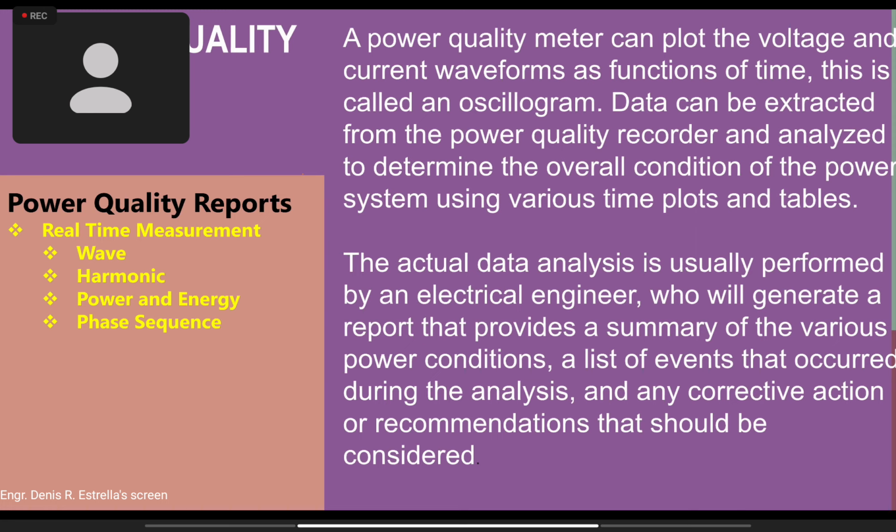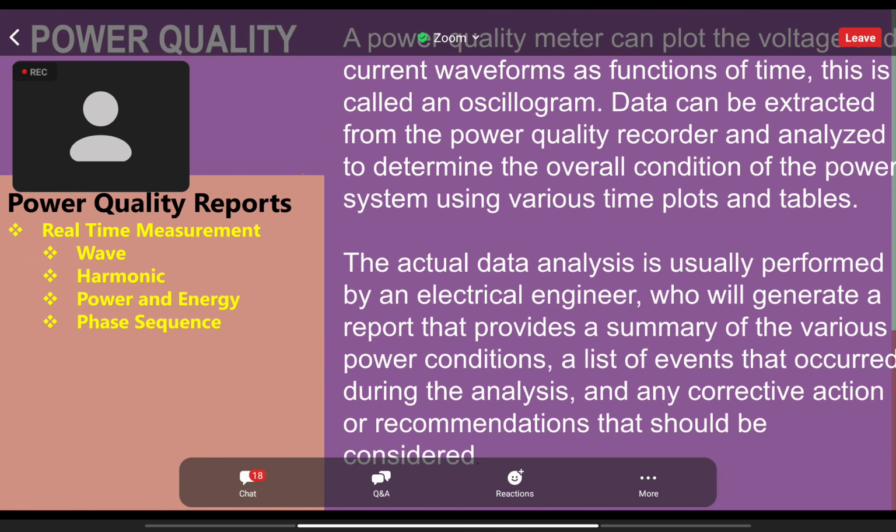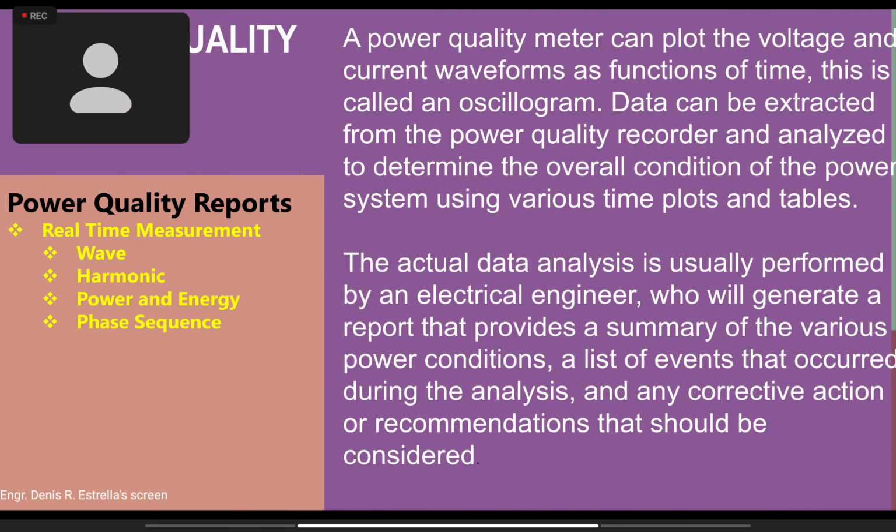Kung mas maraming information, siyempre mas mataas yung storage na kailangan. Pero kung mas marami din tayong information na kukuha, marami tayong parameters na nasusukat, mas maganda rin yung assessment natin na magagawa doon sa ating system. And we can further improve our system using that information.